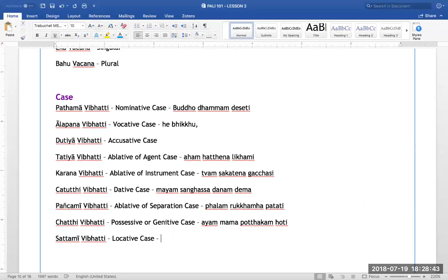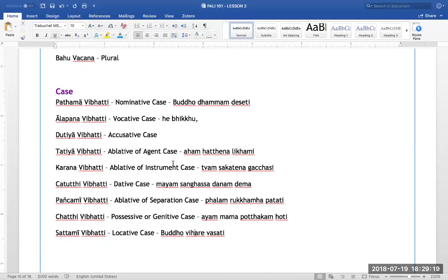For example, Buddho Vihare Vasati. This one Vihare. Oh, this is Saptami. Buddha lives in the Vihara. Okay, when we say on the rock, on the tree, or something like that, we use Saptami Vibhakti for that.